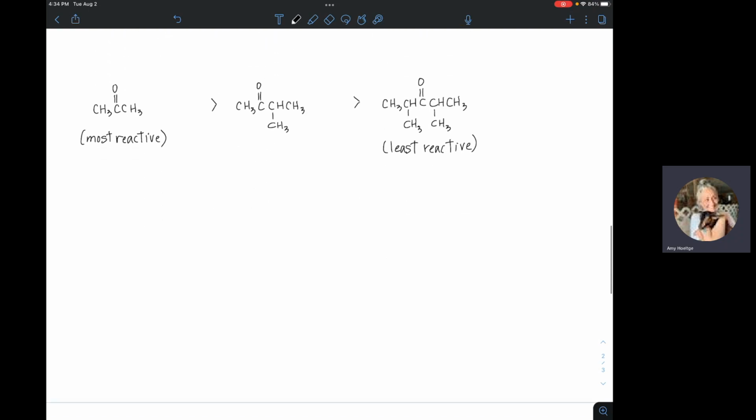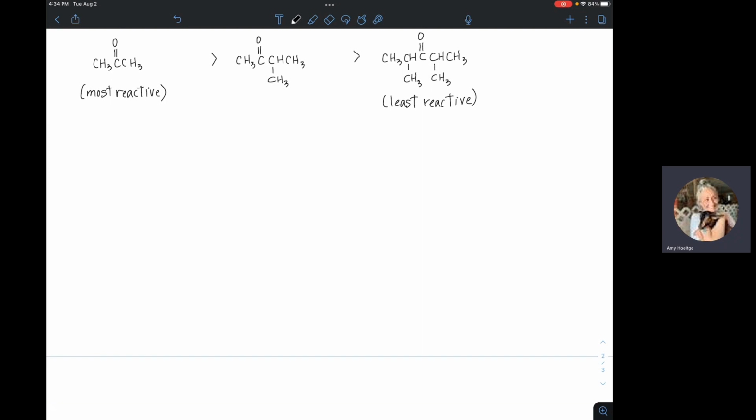We want to compare the reactivities of aldehydes and ketones with other carbonyl compounds, like our carboxylic acids and their derivatives.